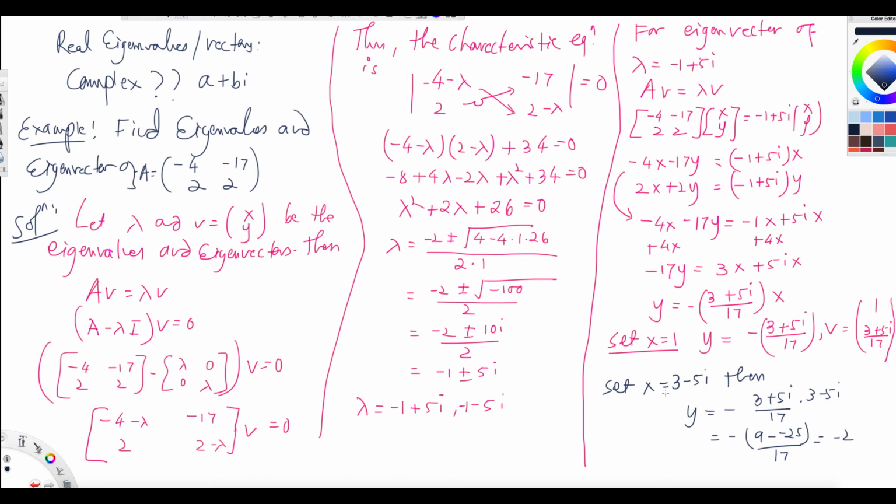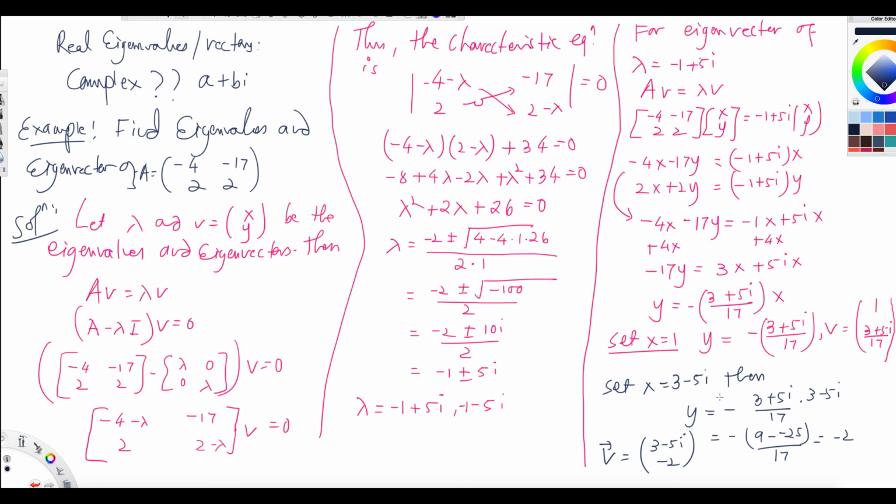If you take x equals 3 minus 5i, then y equals negative 2, right? So you can write vector v as (3 minus 5i, negative 2). You can write this in a nicer form instead of having the fraction there, okay? But both of them are right, all right?